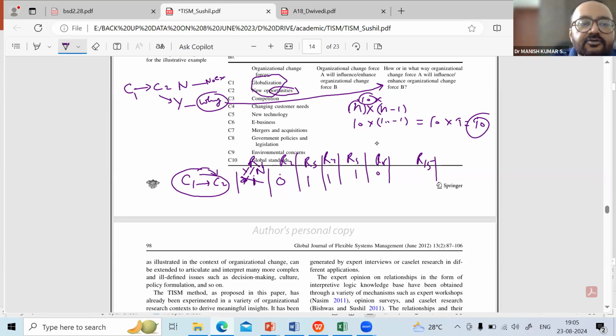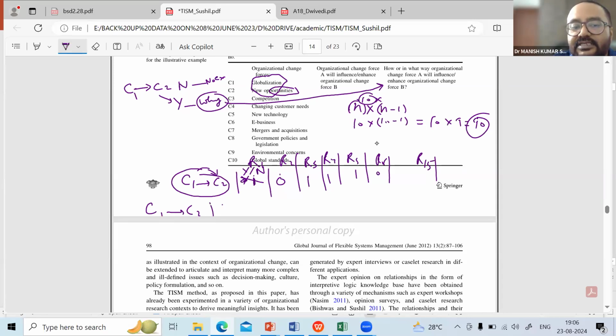For example, the questionnaire will consist of C1 is impacting C2. So you have to define what is C1 and what is C2. For example, globalization has an impact on what is the second one? New opportunities. So globalization must have impact on new opportunity. What is your opinion? So you write yes.